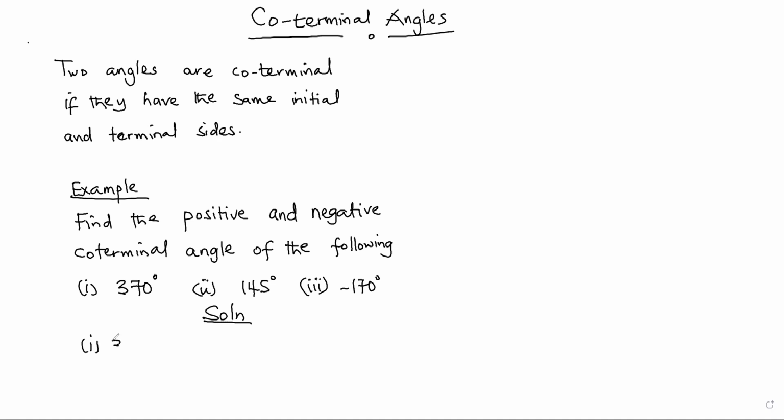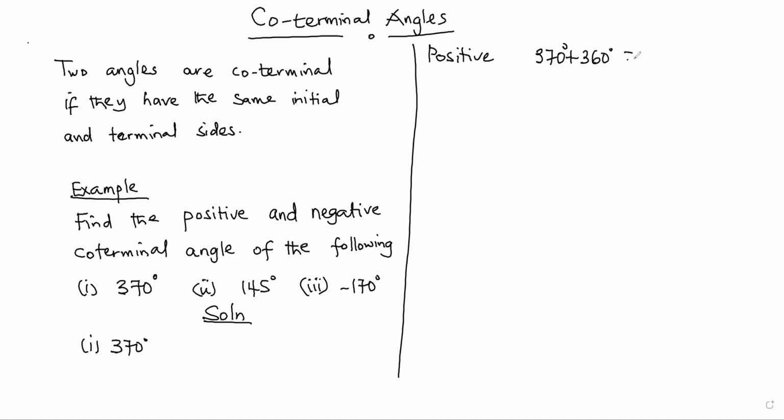So we are given 370. To find a positive, what we do is we will add 360 degrees to this. And when we add 360 to 370, we will be having 730 degrees.